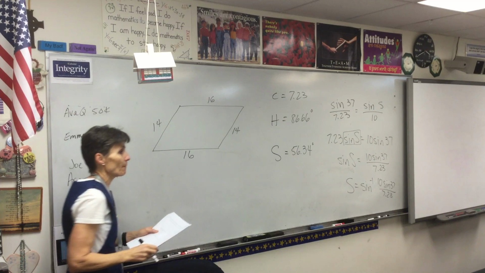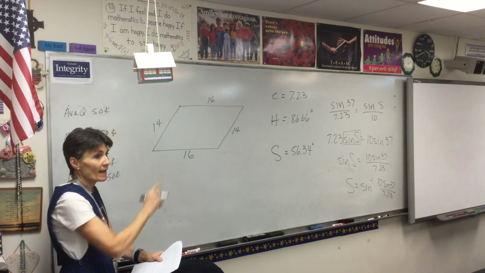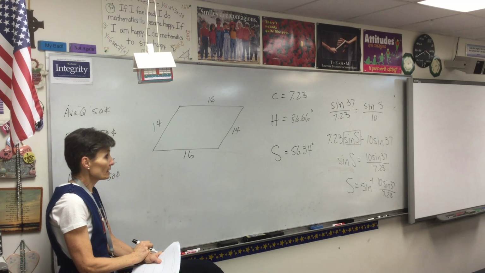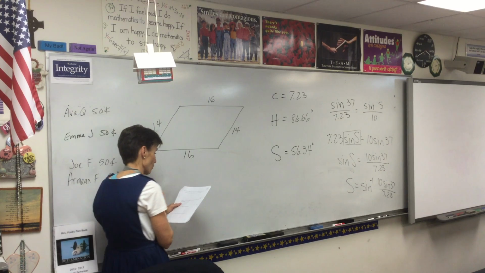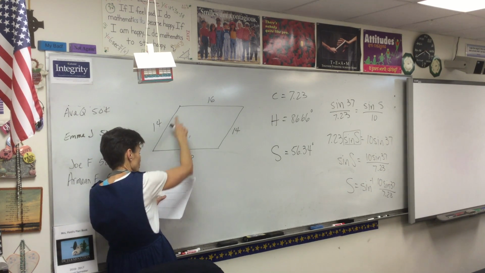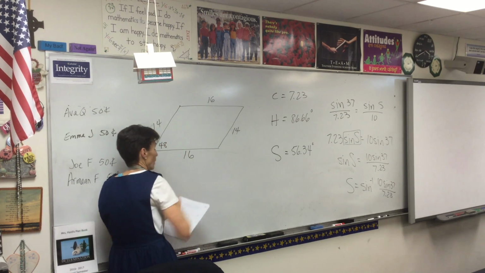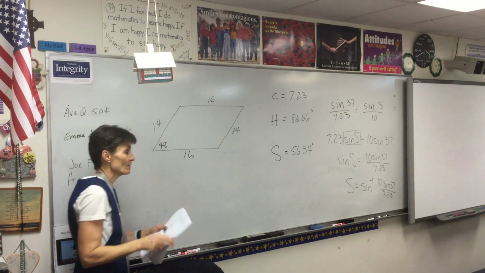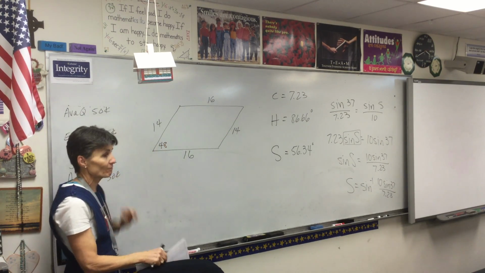Opposite sides are congruent. There are 2 diagonals, and clearly one of them is shorter than the other. There are also 2 angles. Clearly this one is smaller than this one. This is an acute angle, and that's an obtuse angle. I'm going to make that 48.